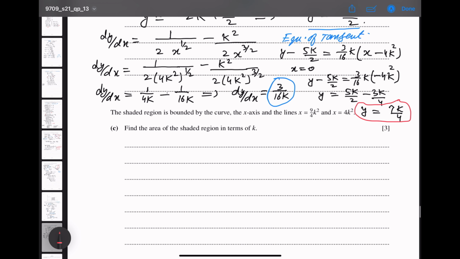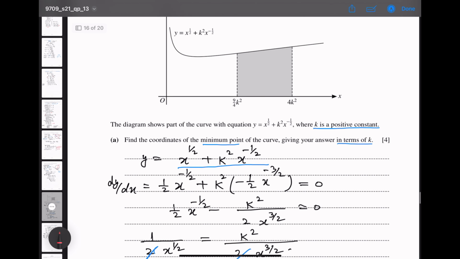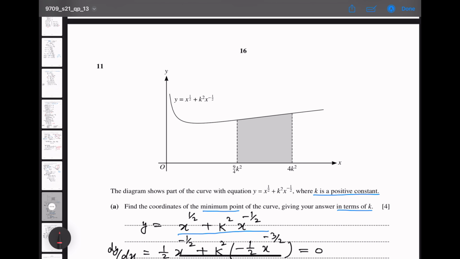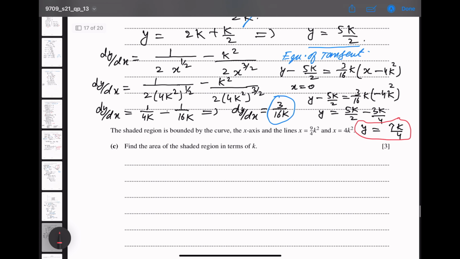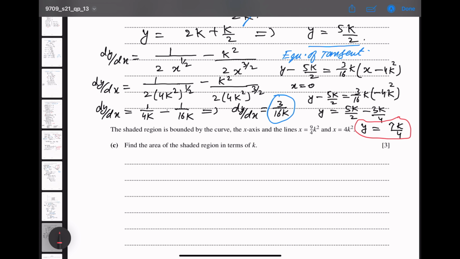Now, the next part of this question: the shaded region is bounded by the curve, the x-axis, and the lines x is equal to 9 over 4 k square and x is equal to 4k square. Look at the diagram. This is the shaded region bounded by the x-axis, two vertical lines and the curve. We have to find the area of this shaded region in terms of k.